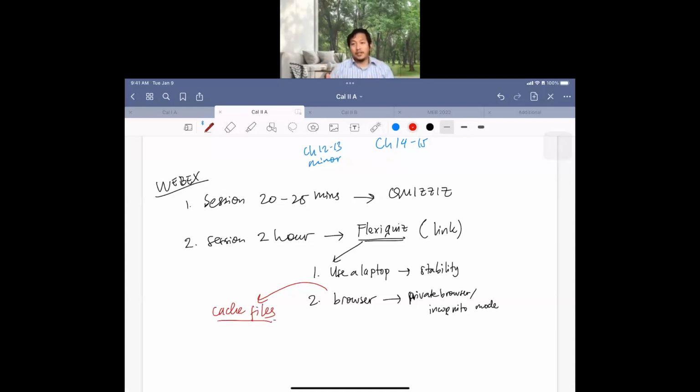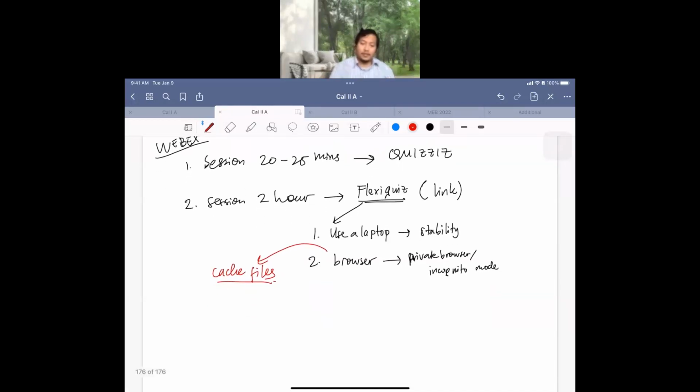If you want to clean cache files, it's very easy, you can clean them and then use a normal browser, it's still okay. But if you have difficulty finding out how, just use a private browser, it will be very safe for the link. If you are a Mac user, I haven't found any trouble yet. But if you are using Windows, I think you need to use a private browser.